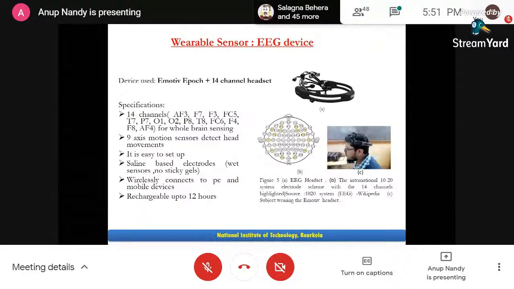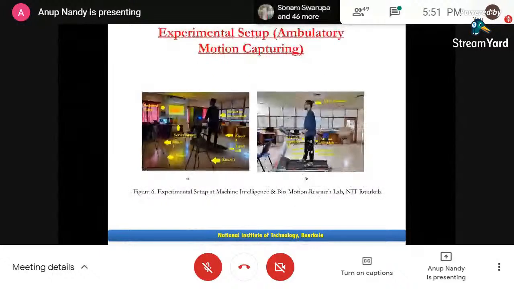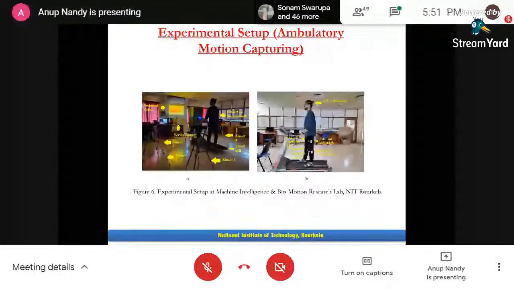Next, in my lab, this EEG device is there because my student is working in this field. We are capturing EEG data with a 14 channel EEG, which has wireless connectivity, so you can directly connect to your computer. My PhD student is capturing ambulatory motion.